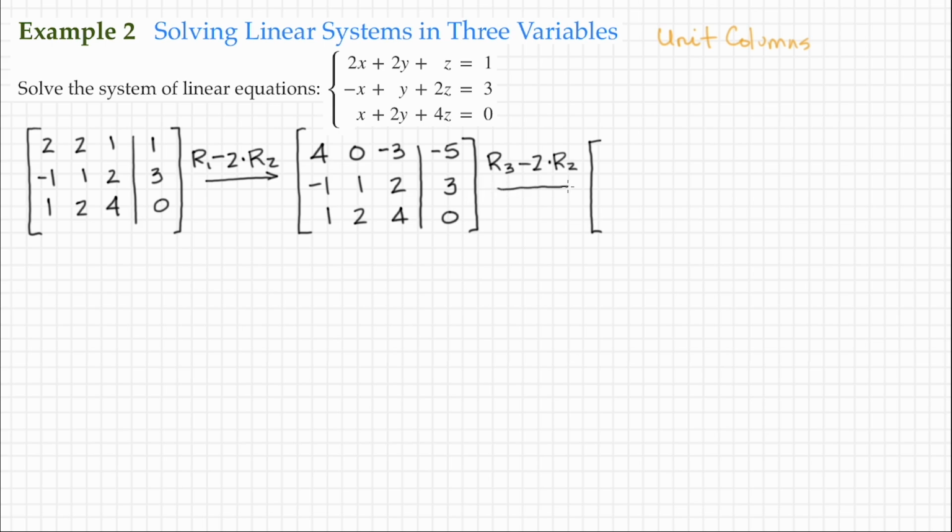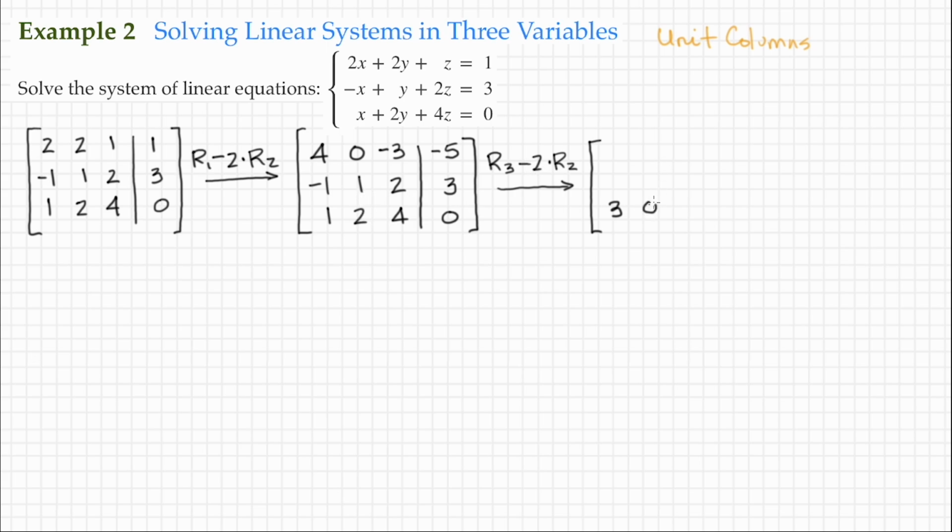So that'll be our transition there. So again, we have -1 times 2. That's -2. 1 minus -2, that's the same as 1 plus 2. So this becomes 3. 1 times 2 is 2. 2 minus 2 is 0.